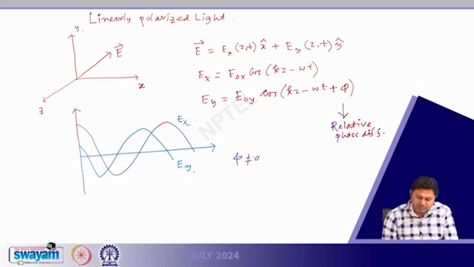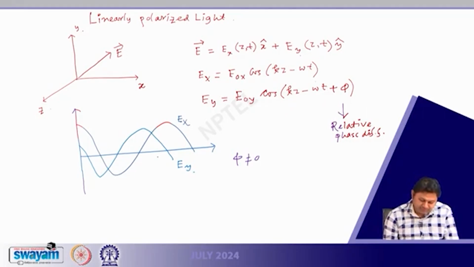If phi is 0, they will superimpose on each other, and that figure I will show. If not, they will not superimpose, there will be a phase delay.